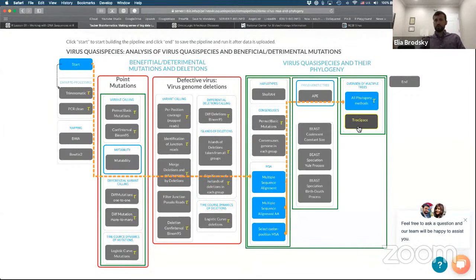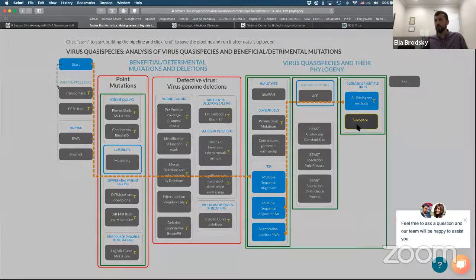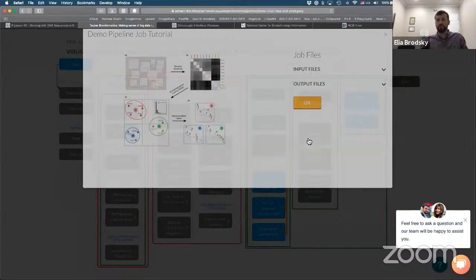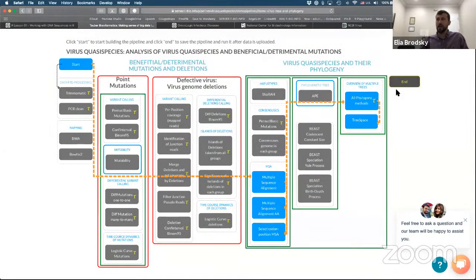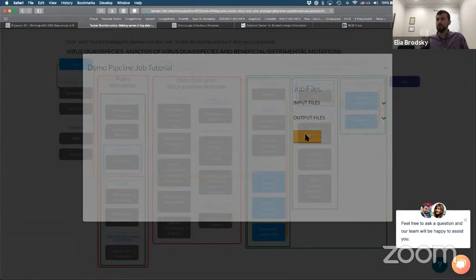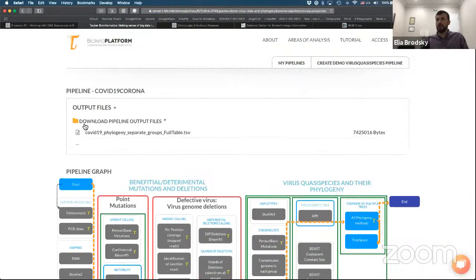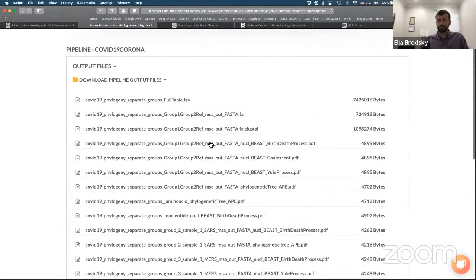These multiple methods will produce small or significant variations in how the relationship is organized and how the evolutionary time is reconstructed. We can click on the tree space to study the variation between different results. Then let's click on end, and you will see here download pipeline output files.